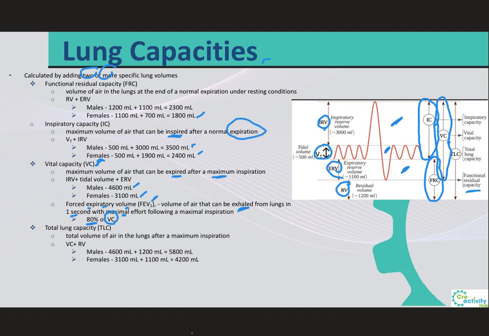And typically, individuals that have chronic obstructive pulmonary disease have greatly reduced FEV1 because COPD actually increases the airway's resistance. And lastly, we have the total lung capacity, which is the total volume of air in the lungs after a maximum inspiration. And this is going to be the sum of the vital capacity and the residual volume. Therefore, 5,800 mLs in males and 4,200 mLs in females.